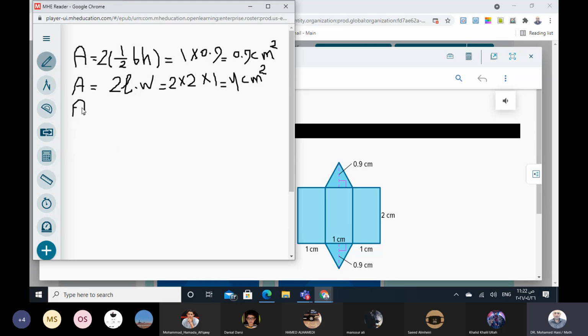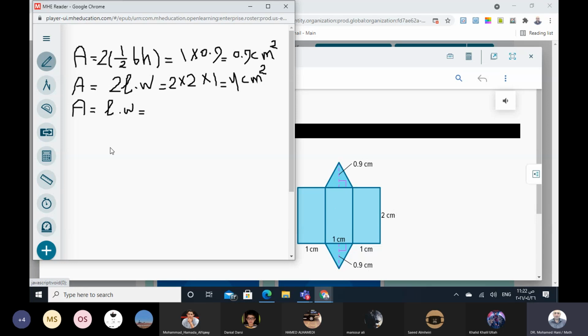Then the last area for the bottom, also the bottom rectangle. So the formula will be length times width. So the length here, this side equals this side.